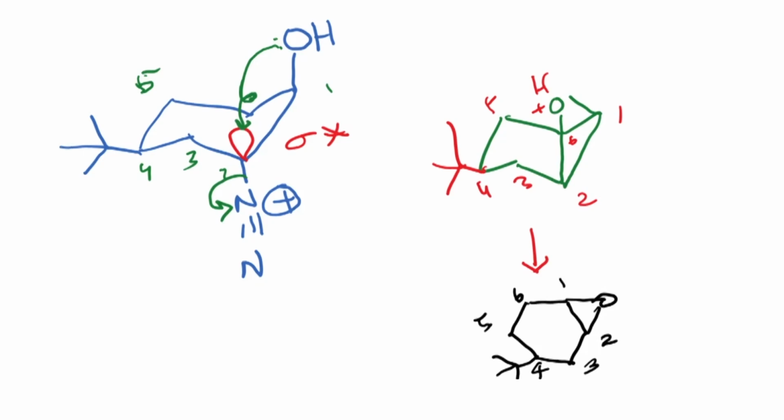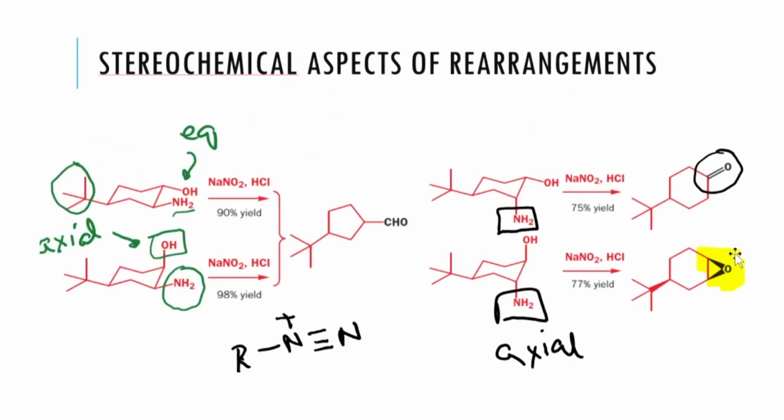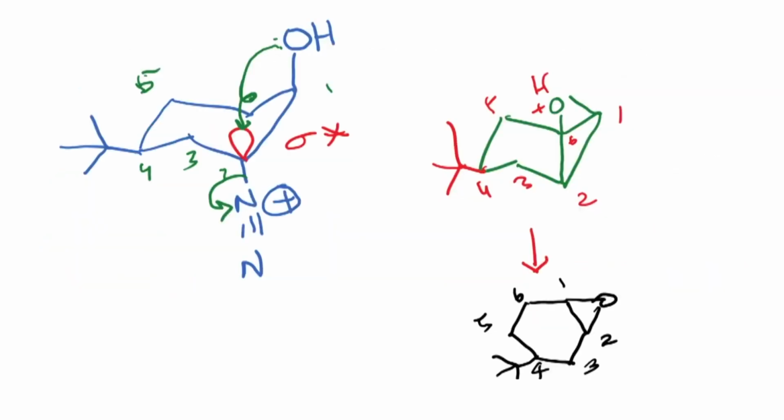So if I go back, this is the compound that I get. So 1, 2, 3, 4. And this is the product that is formed in 77% yield. Therefore, the stereochemistry of these reactions is quite important, and you need to pay attention to the migrating group and the orbitals that are in play during migration.